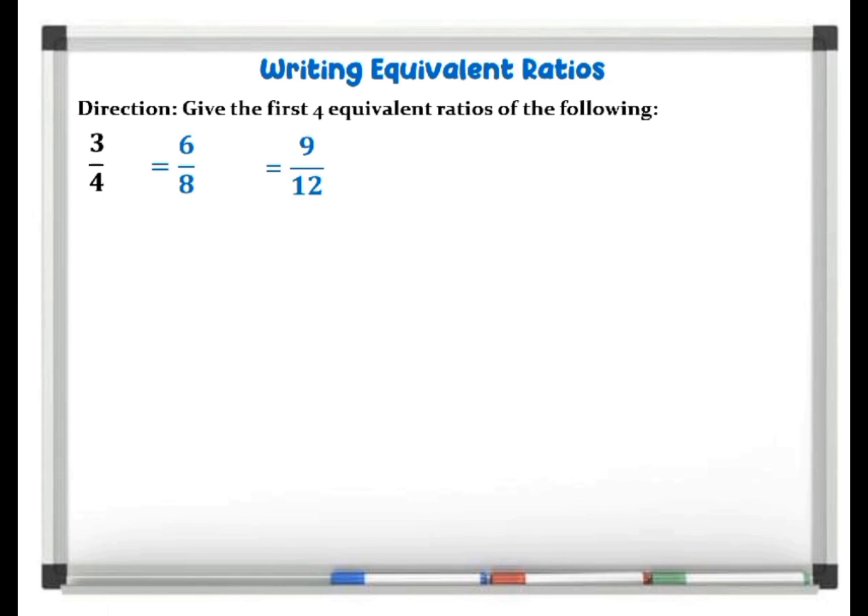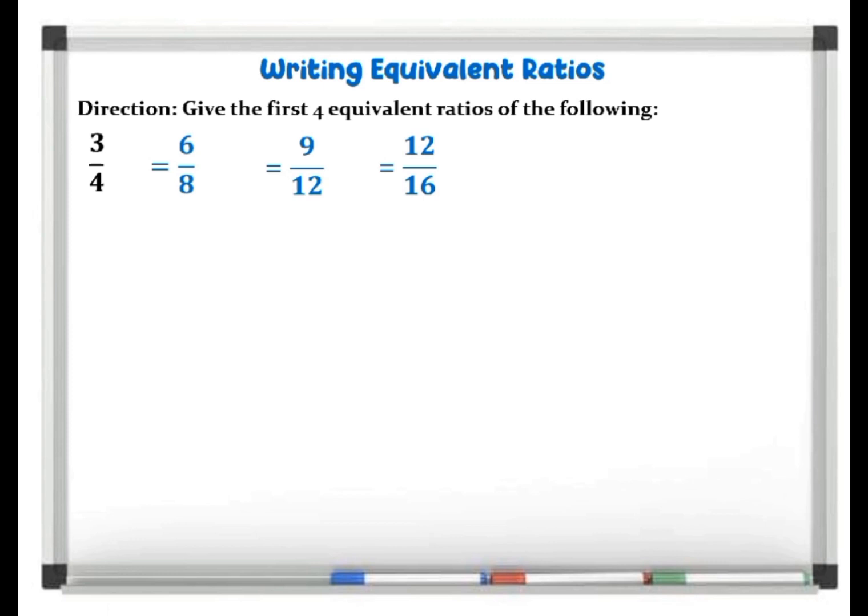Next, multiply naman natin ang 3 at 4 sa 4. Okay, 3 times 4, the answer is 12. 4 times 4, the answer is 16. So, 3/4 is equal to 12 over 16.